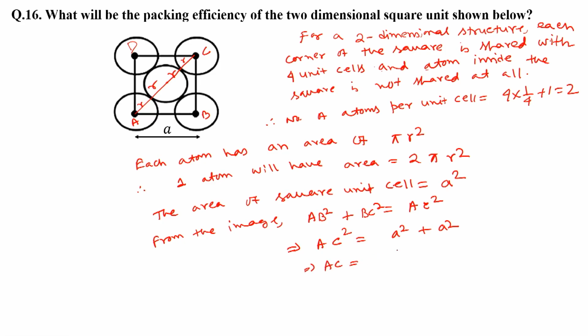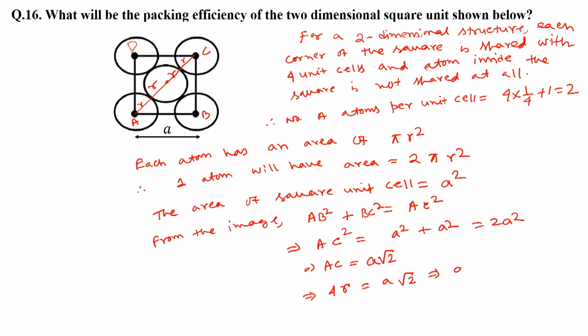So AC is a square root of 2. This is the value of AC. Now what is AC? AC is 4R, as you see from the diagram, because this is R, this is 2R and this is R. So 4R is a square root of 2.